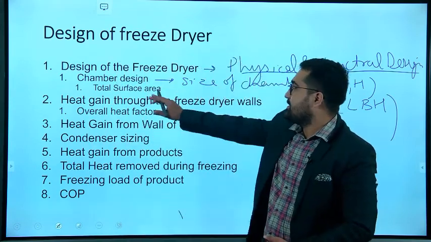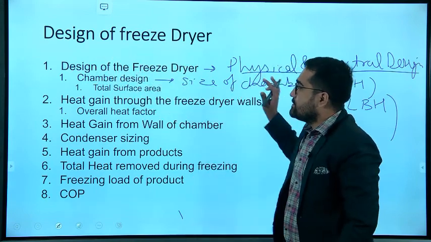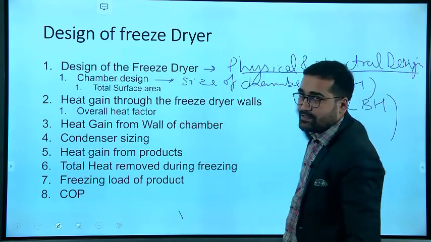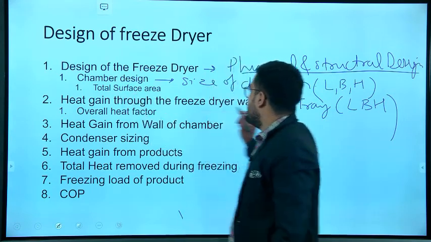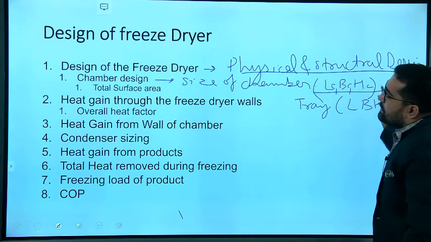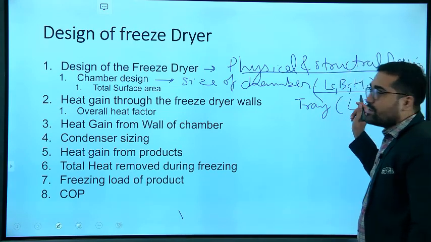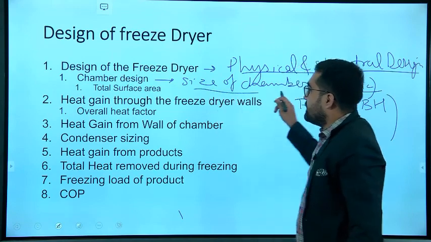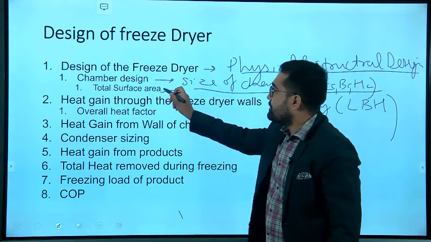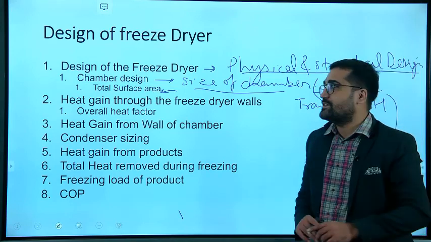In chamber design we will find the length, width, height, and for the chamber I will write LC, BC and HC as the dimensions of the chamber, which we use to find the total wall surface area of the chamber.